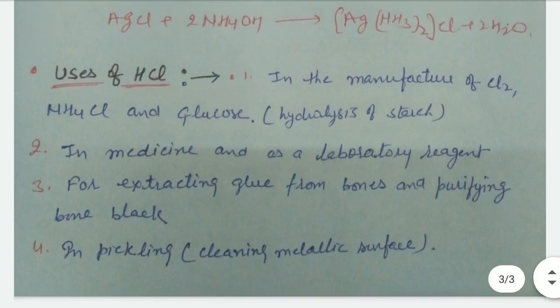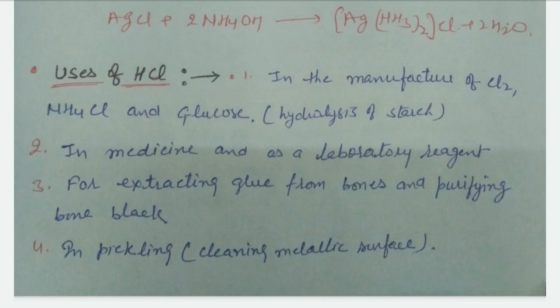It is also used in medicine, and it is an important laboratory reagent, generally in dilute and also concentrated form. It is used for extraction of glue from bones and purifying bone black. It is used for extraction of glue from bones.